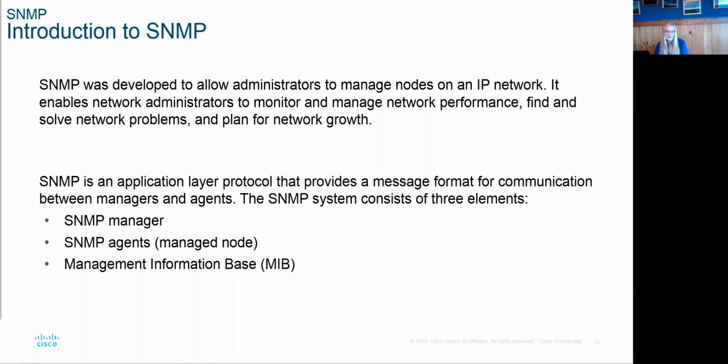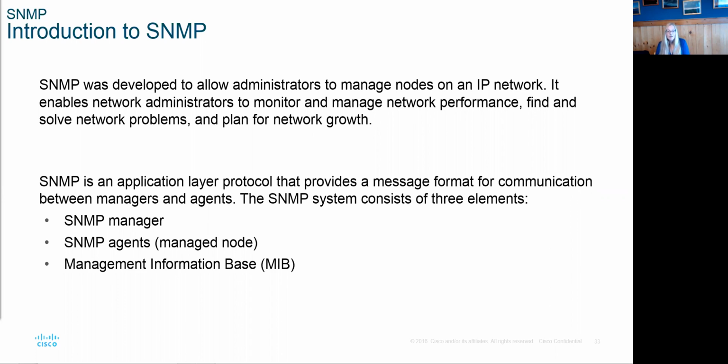And let's see, SNMP, Simple Network Management Protocol. It's a really important tool. It helps administrators manage their nodes on the network. SNMP defines how management information is exchanged between the network management applications and the management agents.